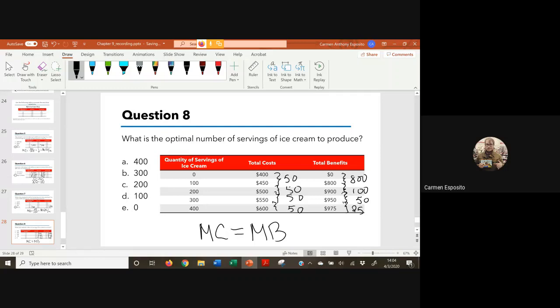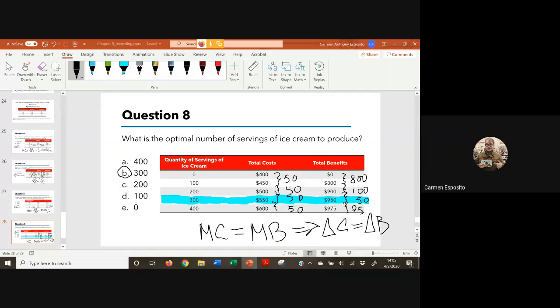Because the change in quantity is uniform, we're just going to do a comparison between the change in costs to change in benefit. And you can see that occurs at 300 units. And so the answer must be B, 300 units, because it's when the marginal cost equals marginal benefit, because the change in cost is equal to the change in benefit.